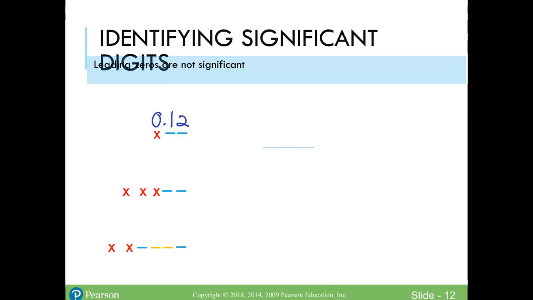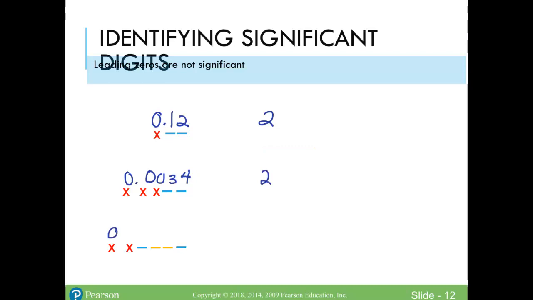Well, this is a leading 0. It's not significant. And this is a decimal number, right? So we have 2 significant digits. If we had something like 0.0034, this is a decimal value. These are all leading zeros. They're not significant. So this one only has 2 significant digits.